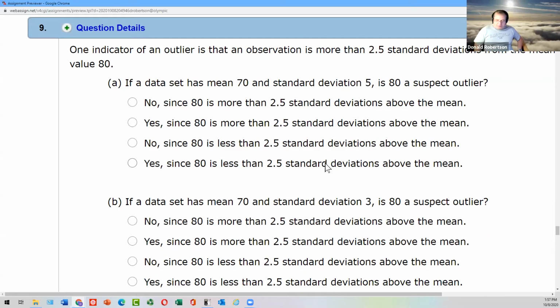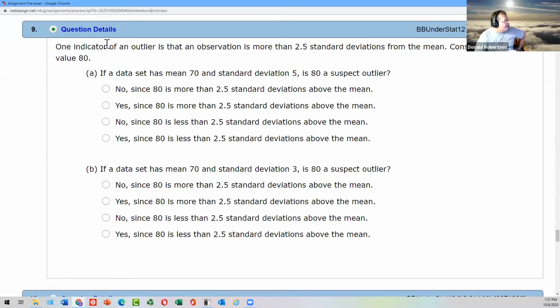Right. Remember the 2.5 standard deviation rule? Here is a question that basically checks that out for you. So I may have to shrink this back a little bit because I think there's a sentence missing. Here we go. One indicator of an outlier is that its observation is more than 2.5 standard deviations from the mean.